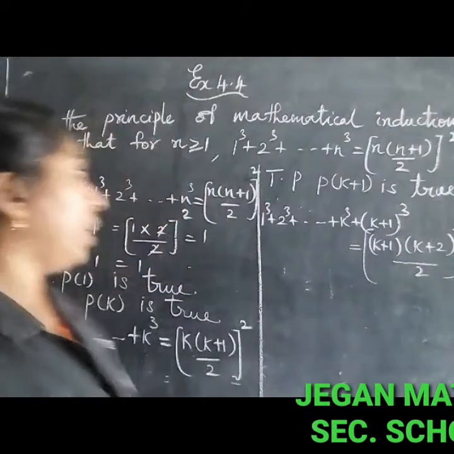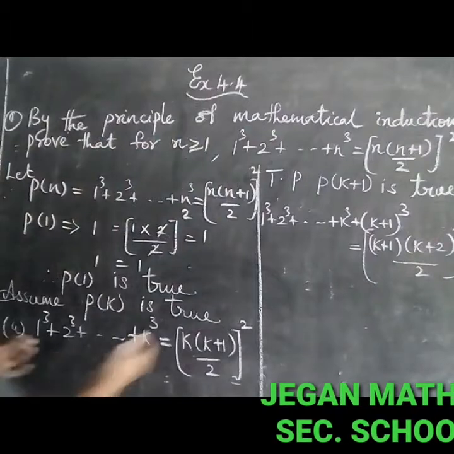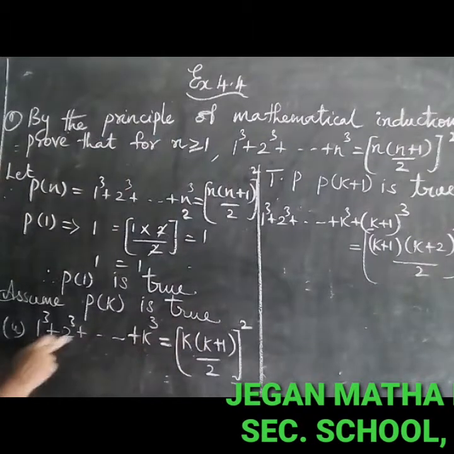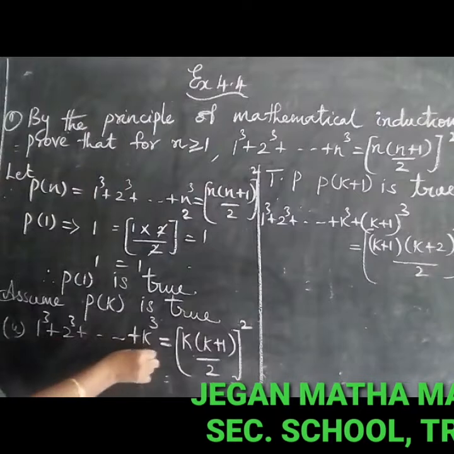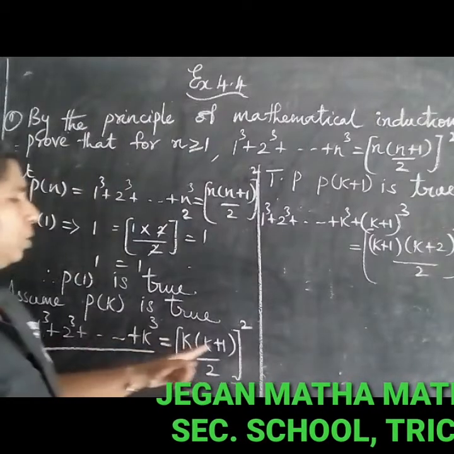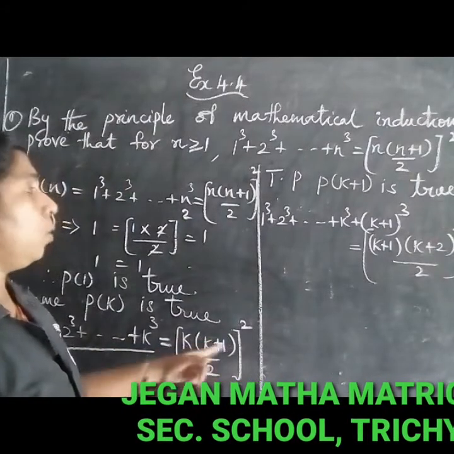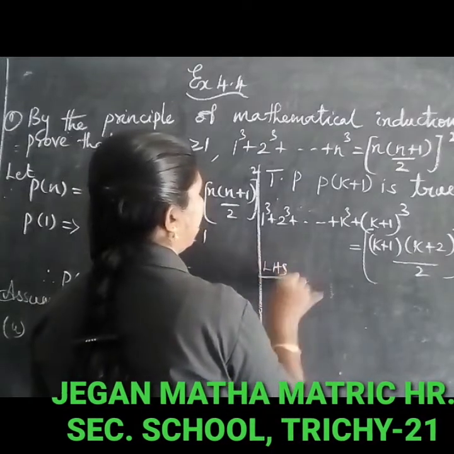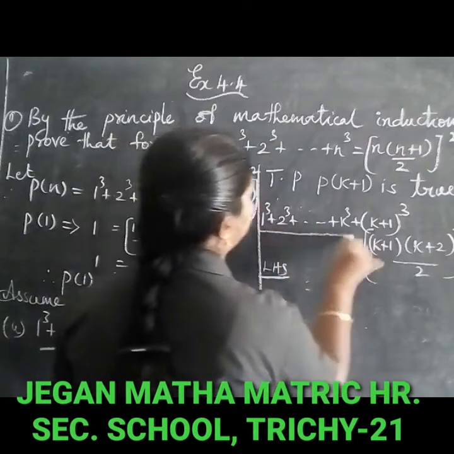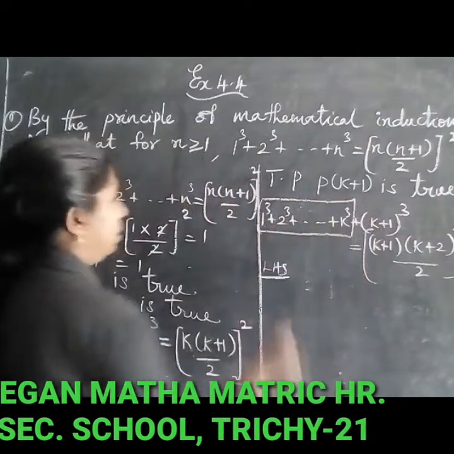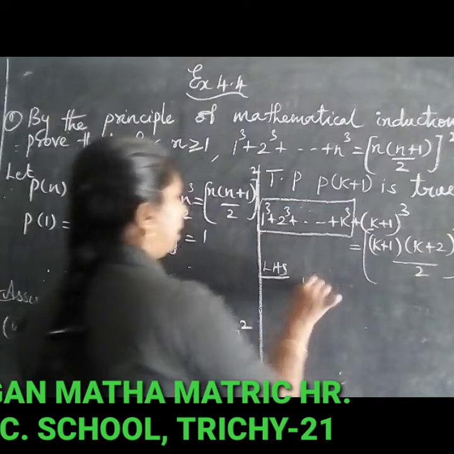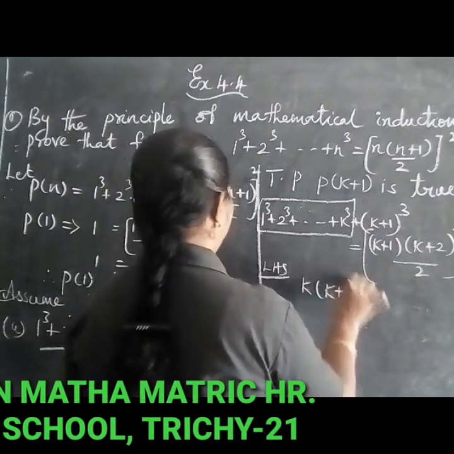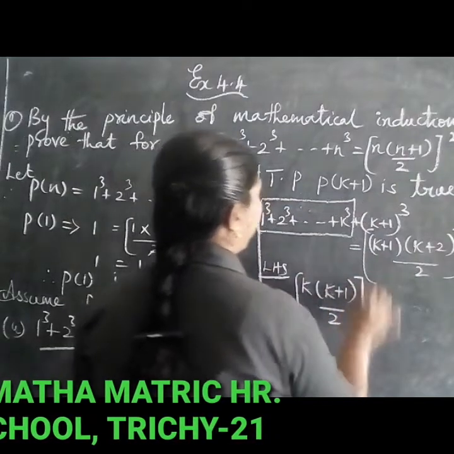So we can consider first the previous step we have written: 1 cube plus 2 cube plus etc. up to k cube equal to [k(k+1)/2] the whole square. So now we can consider the left side of this term up to k cube. We can replace it with [k(k+1)/2] the whole square.